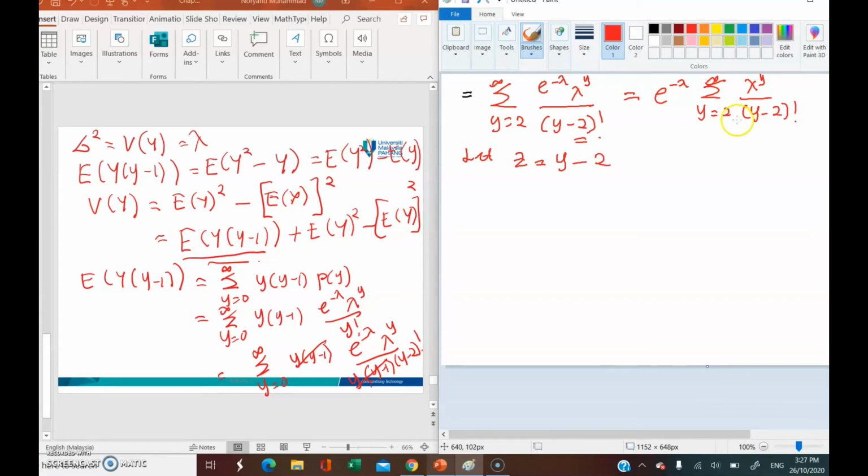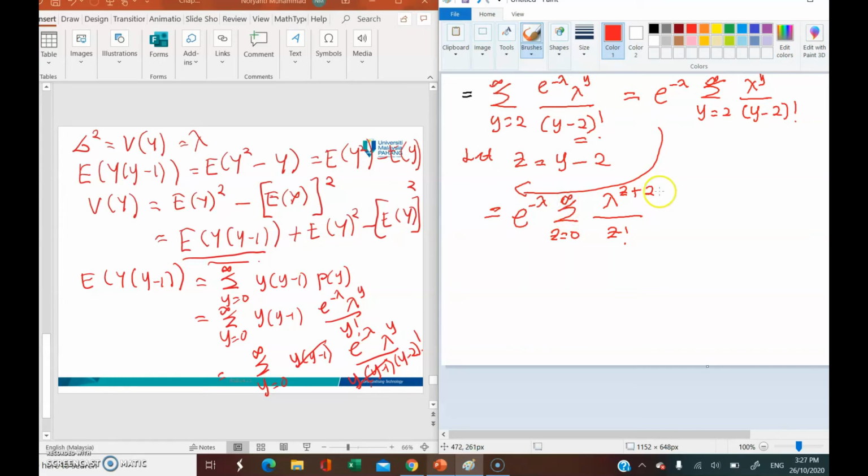So from here you will get e negative lambda, and lambda power y will be lambda power z plus 2, over z factorial. And then here you can start z from 0 until infinity.